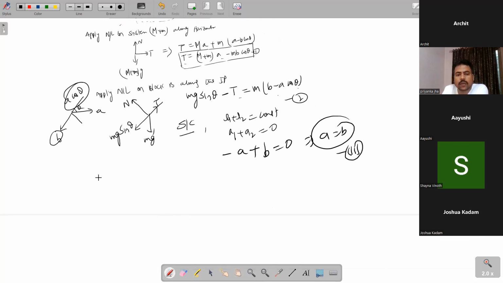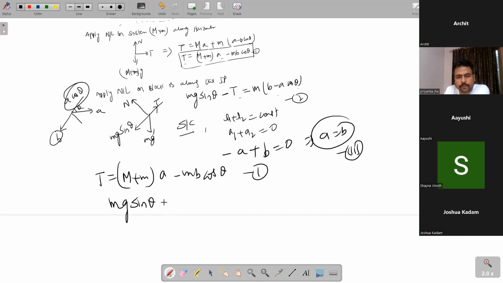How? See. One equation we have: T equal to (M plus m) into A minus mB cos theta. First equation. Other equation we have: mg sin theta minus m(B minus A cos theta) will be T from the second equation.